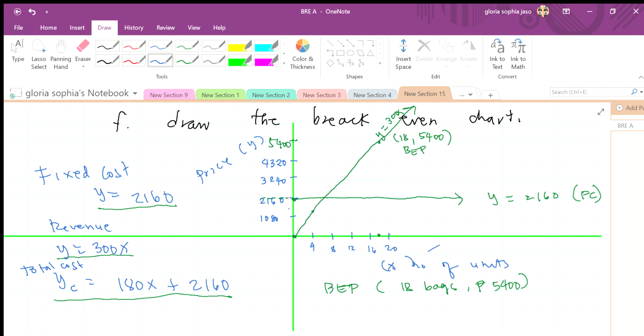If x is 8, 180 times 8 plus 2,160, that's 3,600. And that is somewhere here, at 8 and 3,600. So, now we can draw.